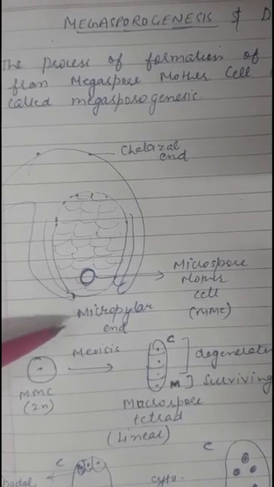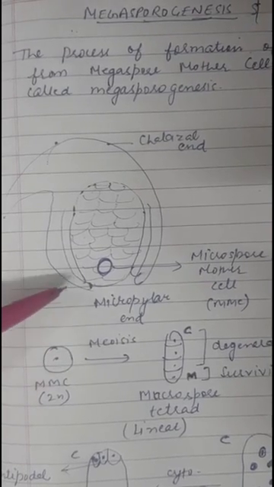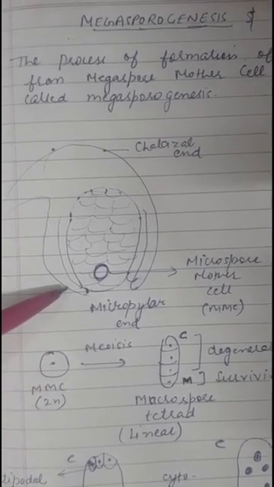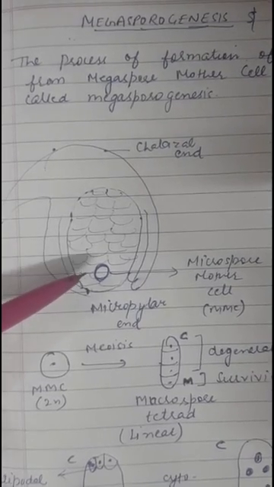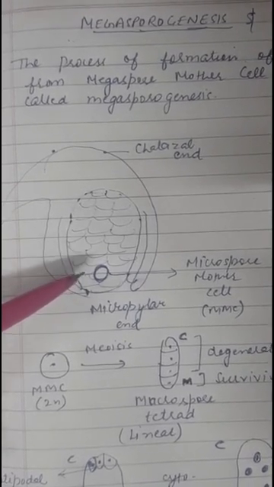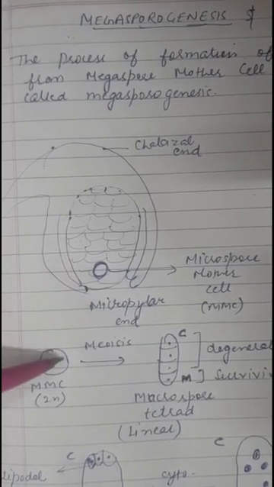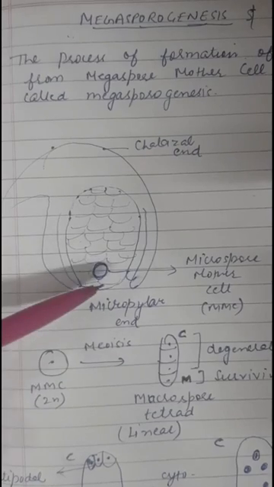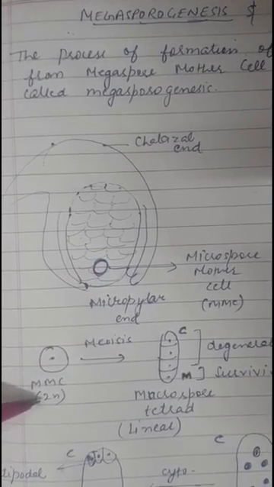Now I will show you this cell here. This is the mother cell, and each and every cell of the ovule is diploid in nature. It should be kept in mind that each and every cell of the nucellus or ovule is diploid. So out of this, this is the MMC, I am showing it here, and it is diploid in nature.